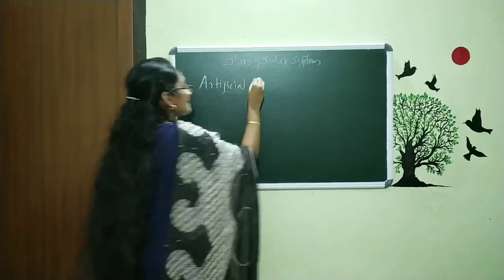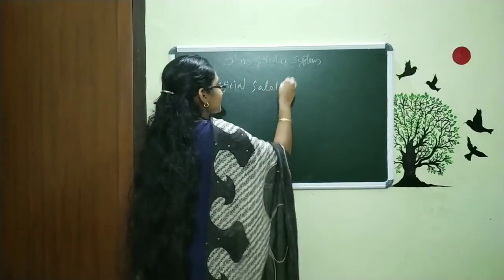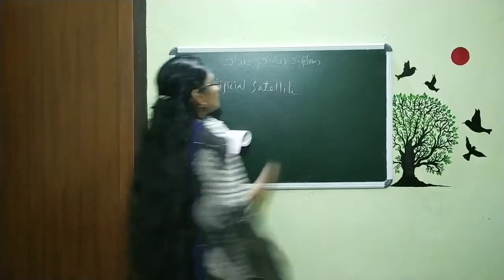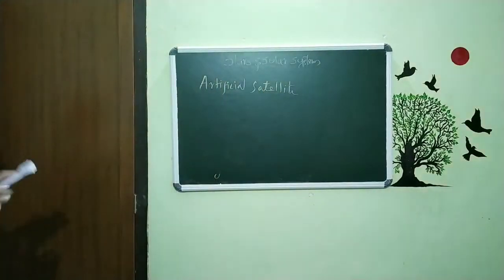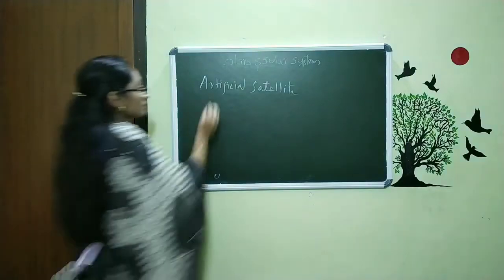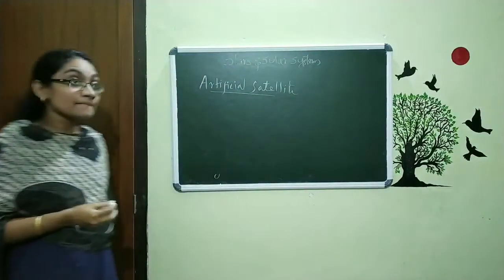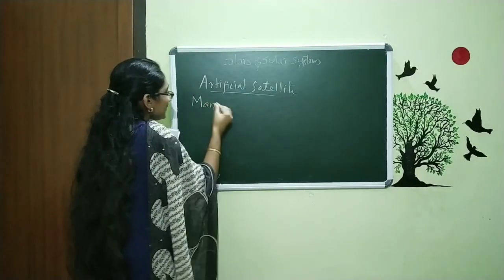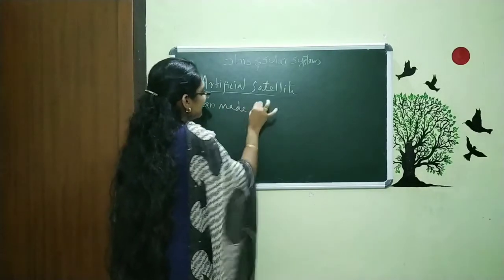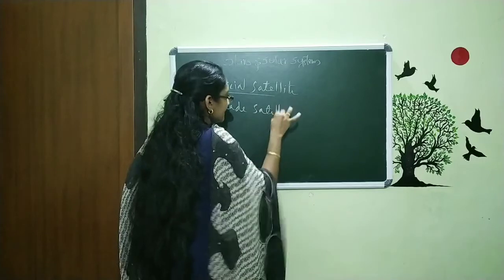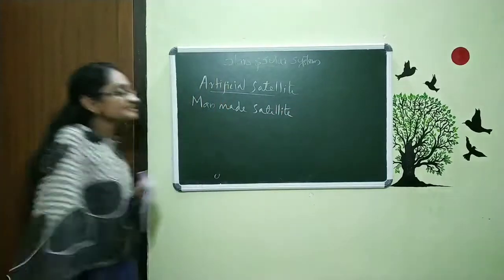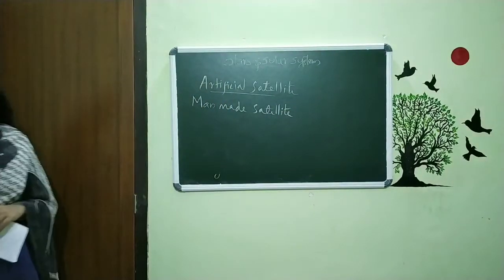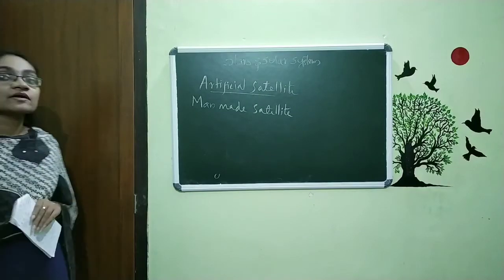And the artificial satellite is what we are going to study now. What is an artificial satellite? This is a man-made satellite. Human beings launch it.